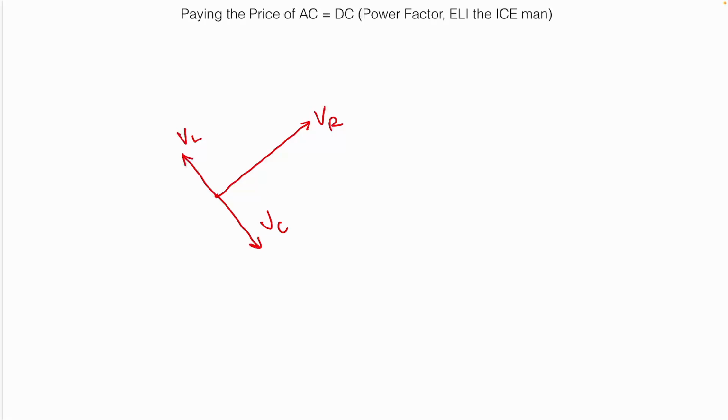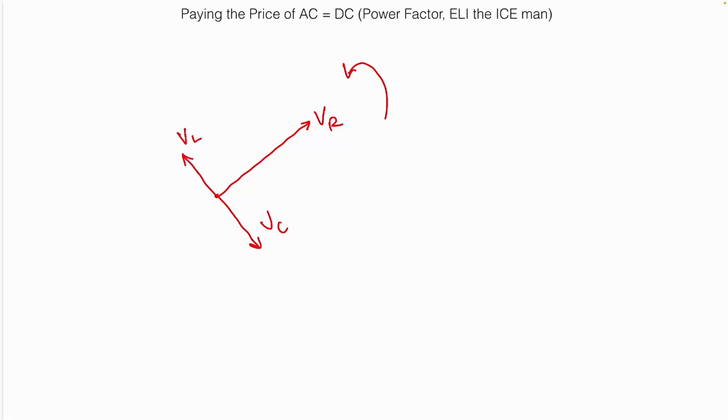And they're all at 90 degrees to each other, right? In a series RLC circuit. As this whole phasor representation rotates around, it doesn't matter where it is, the 90-degree angles stay. And the voltage through the inductor is ahead by 90 degrees, and the capacitor is behind by 90 degrees.